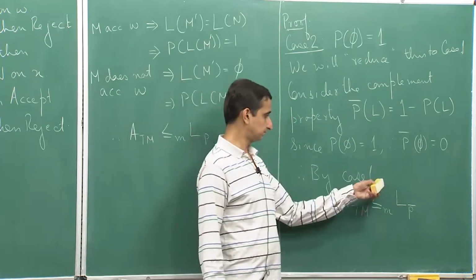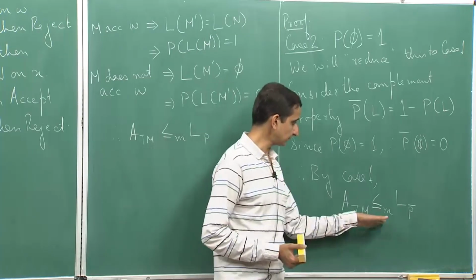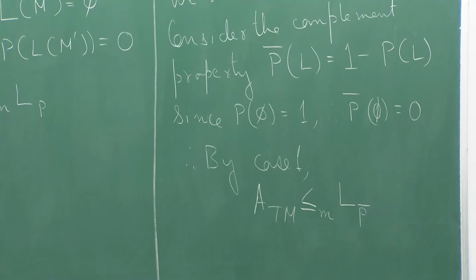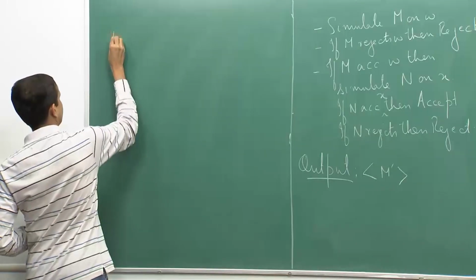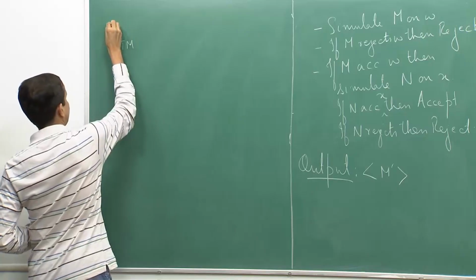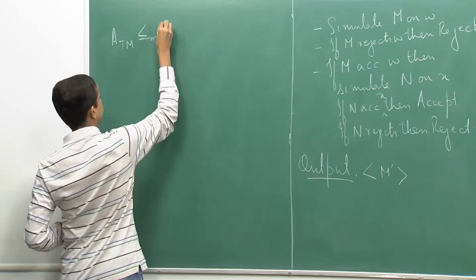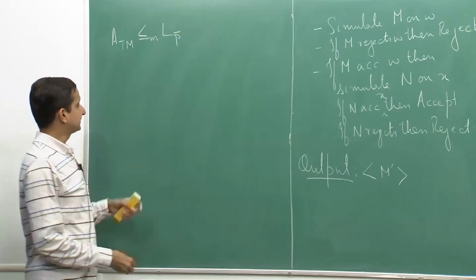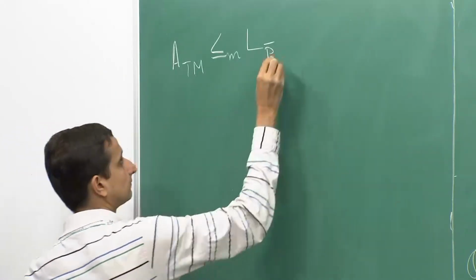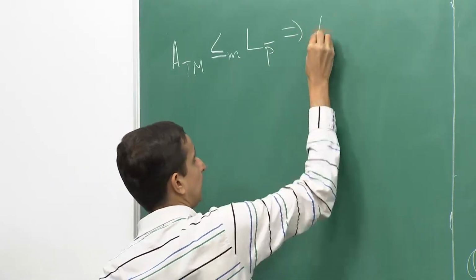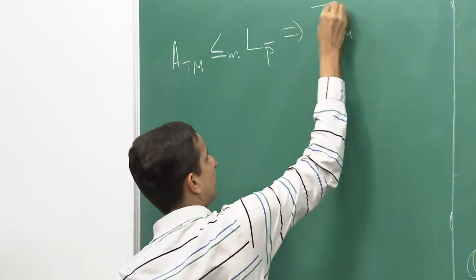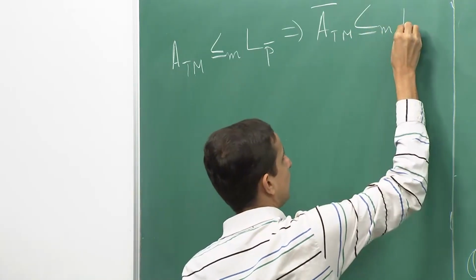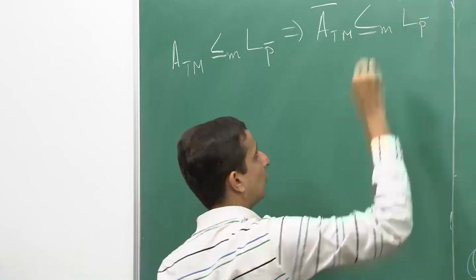Now, let us understand what is happening here. If ATM reduces to L of P bar, then what I can say is that ATM bar reduces to L of P bar whole bar.